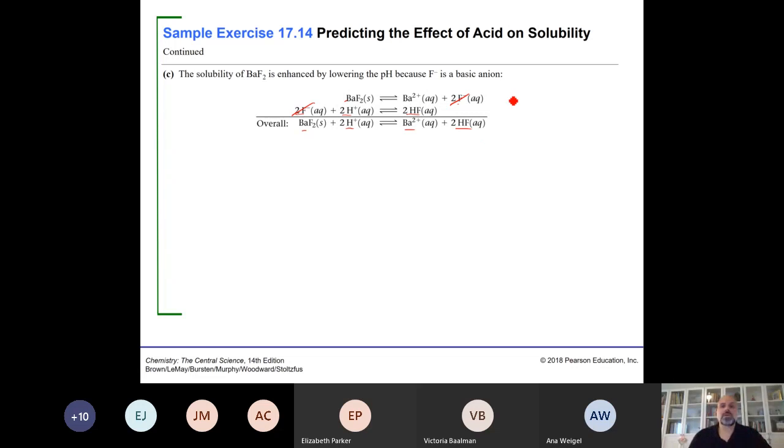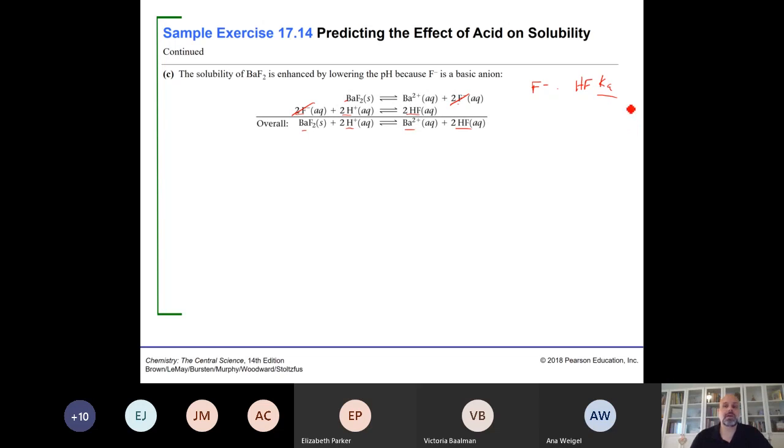So if you're trying to figure out if fluoride is a basic anion, what you would do is say, well, what is its conjugate acid? The conjugate acid is HF. And what is the Ka of that conjugate acid?